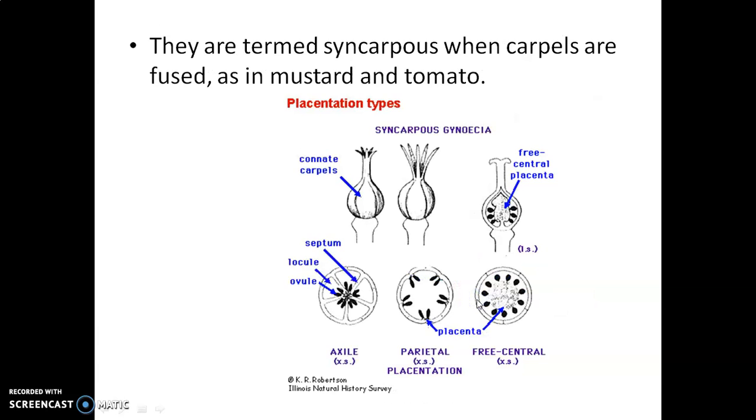Then there is syncarpous. That means when carpels are fused, we call that condition syncarpous. Like we explained about gamopetalous and polypetalous, here also if the carpels are fused, that is syncarpous. If they are free, that is apocarpous.